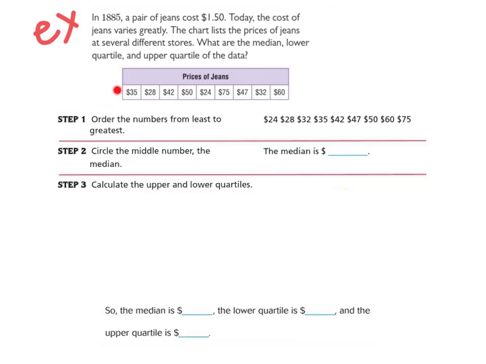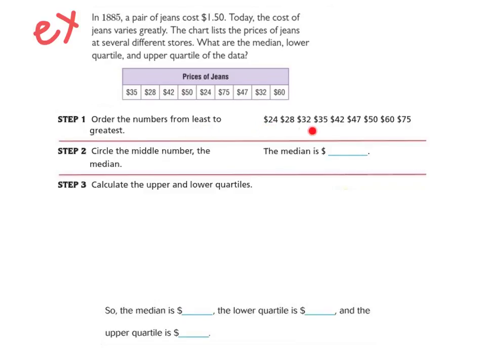So here's your data. Here's the price of jeans. Some people pay $35, $28, $42, $50, $24, $75. Woo, those are expensive. Pants, $47, $32, and is that $60? Yeah, $60. So in order to find the median, your step one is you want to order those numbers from least to greatest.